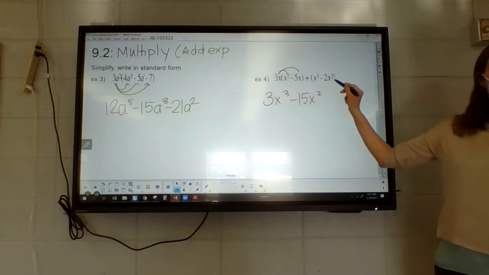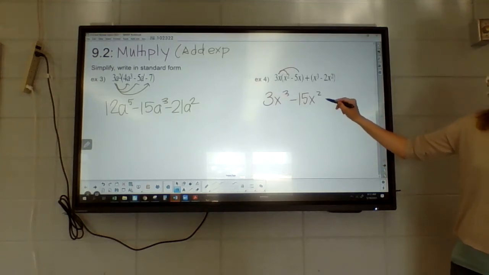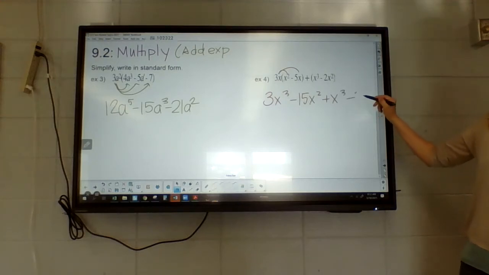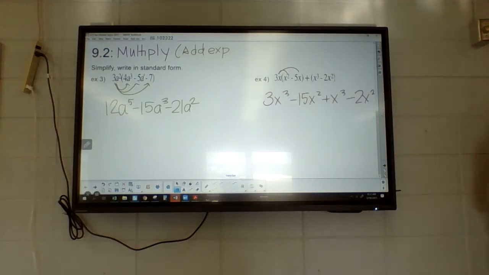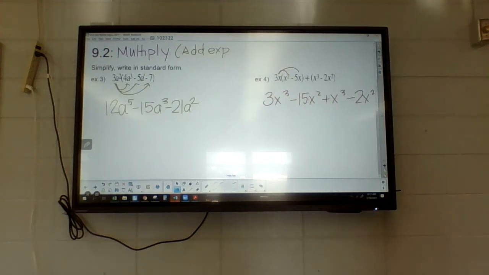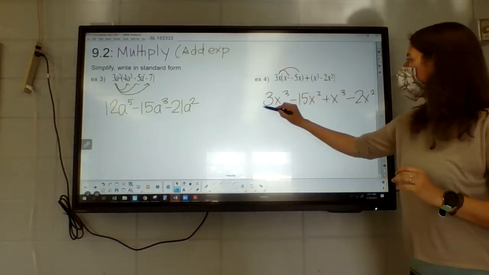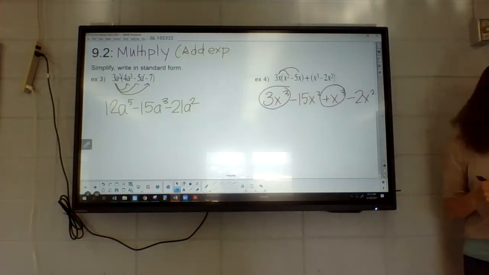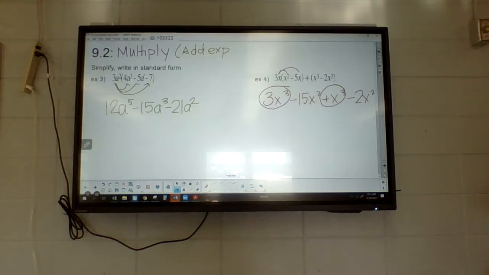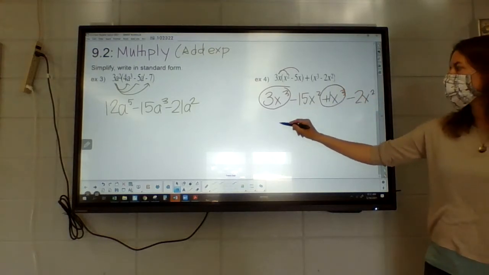All right, now this plus, we just rewrite that. And now we have some like terms we can put together. So that 3x to the third and x to the third is 3 and 1, 4x to the third.